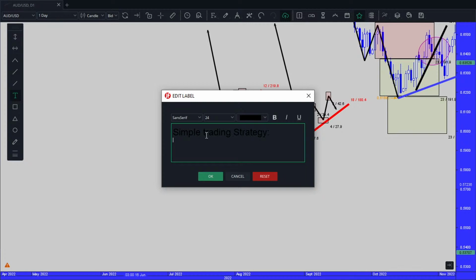Find a trend or a market wave. Number one, find a trend or a market wave. Number two, draw a trend line. Number three, enter with CTB, which stands for counter trendline breaks.